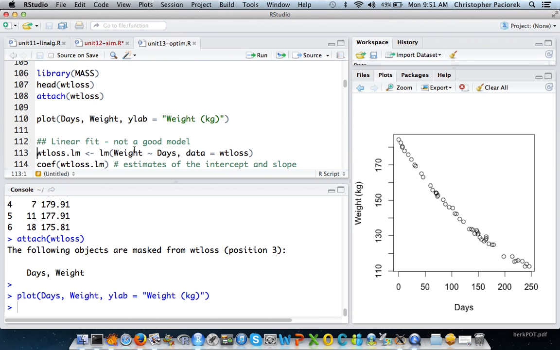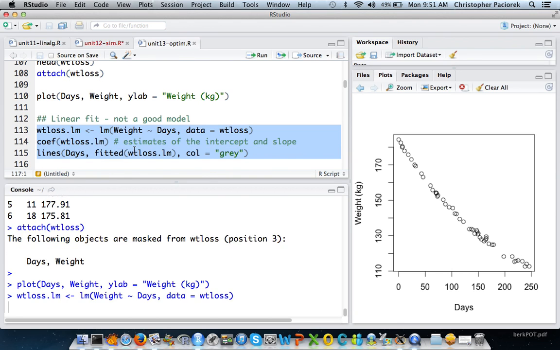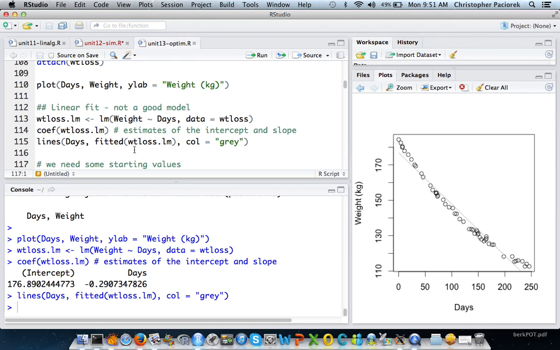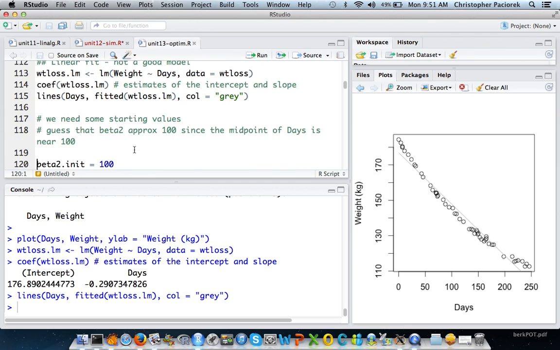Okay, so if I did just do a linear fit on this plot, maybe it doesn't show up very well for those of you in the back, but I get this fit, which is not all that great a fit for these particular observations. Part of the reason to go through this example is just to start thinking about how I get starting values and how I approach a problem in a pre-processing stage to get some starting values.